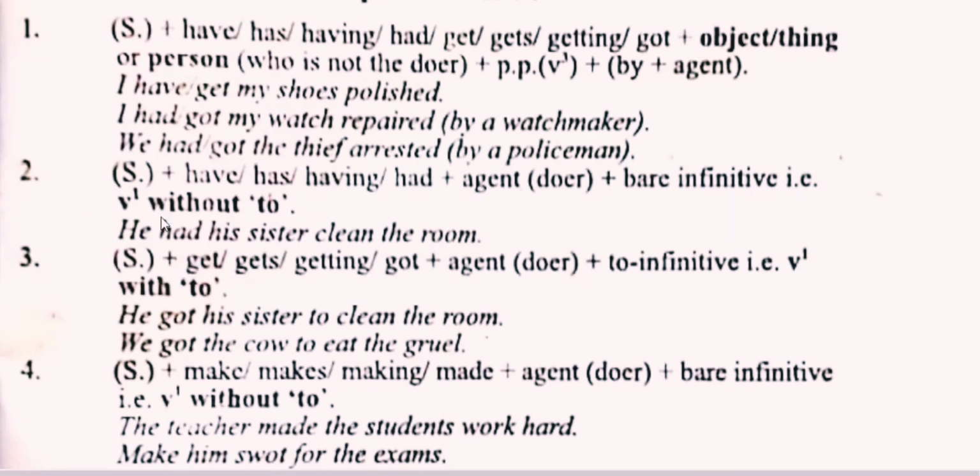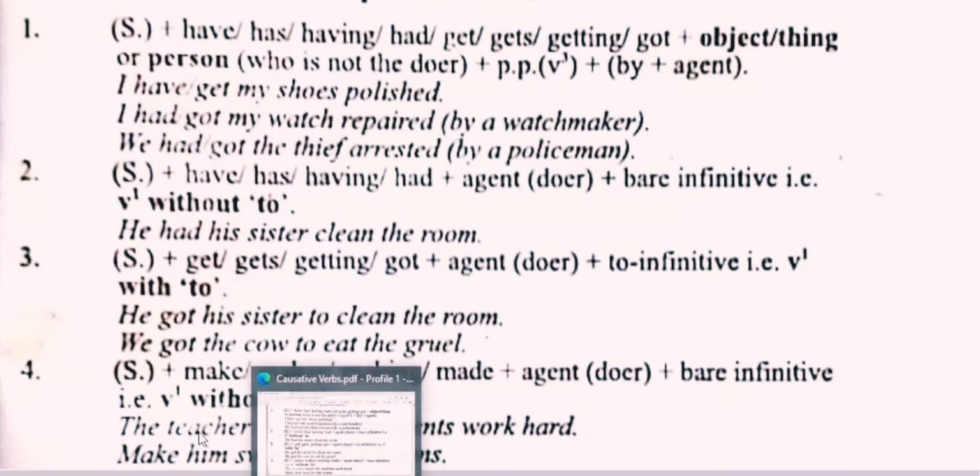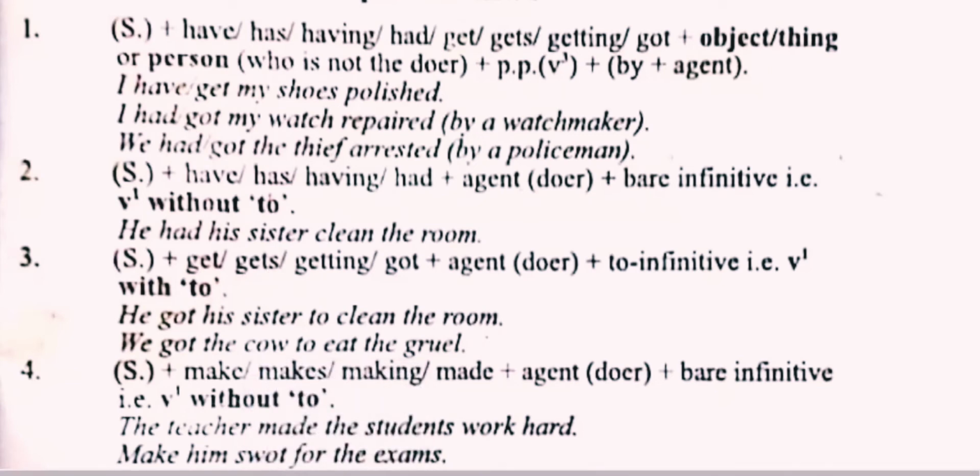First, second structure, I give you a real example. He had his sister clean the room, not to clean. With have and make, we don't use to after the agent. He had his sister clean the room. And in the structure number 4, see the example: the teacher made the students work hard, not to work hard.